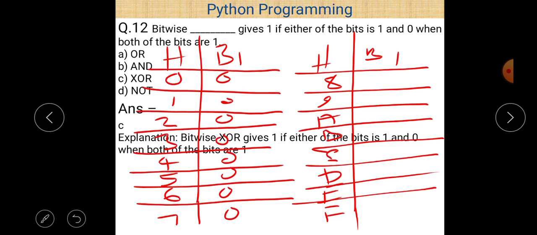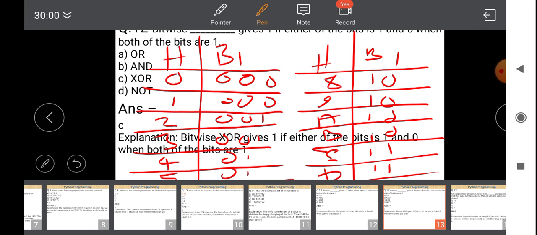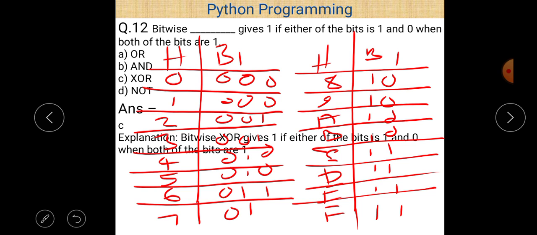Then write 8 times 0 and then 8 times 1. Then 4 times 0, 4 times 1, then 2 times 0, 2 times 1. Okay, I think there is a mistake in here.